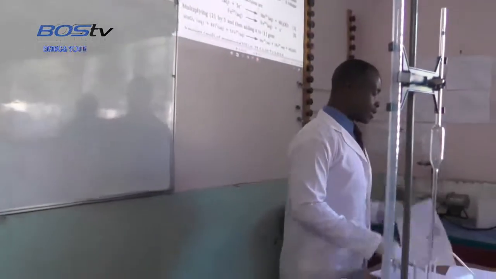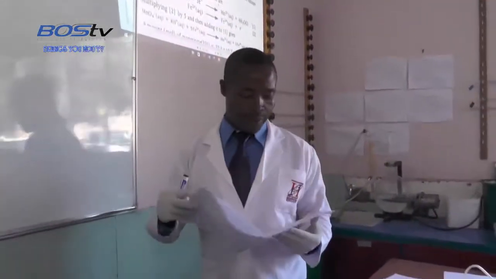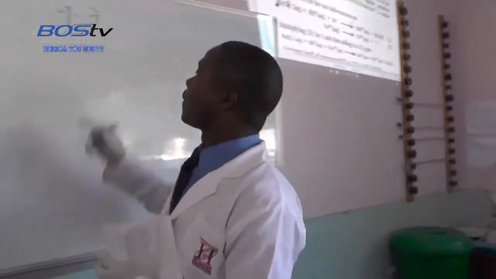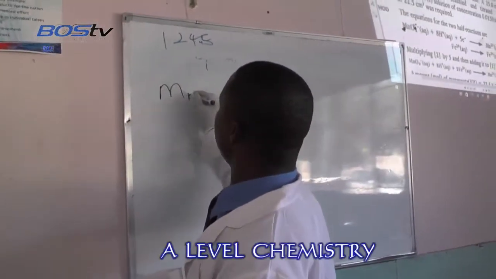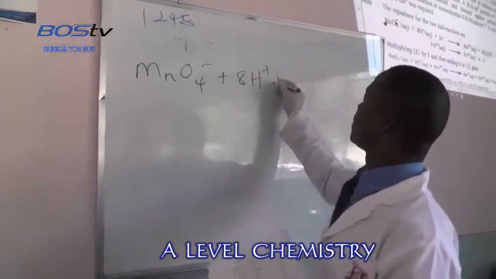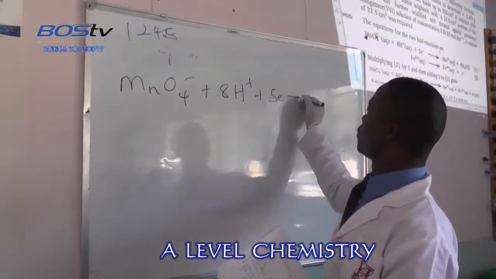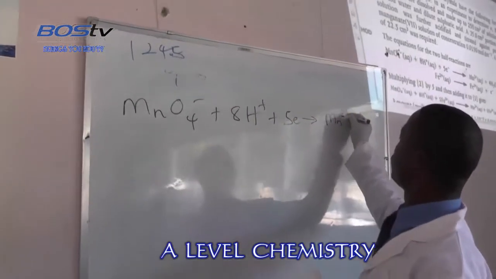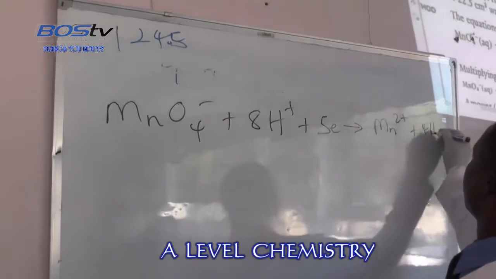From the data booklet, the equations we are going to involve are the use of acidified potassium permanganate: MnO4 minus plus 8H plus plus 5 electrons gives Mn2 plus plus 4 water.